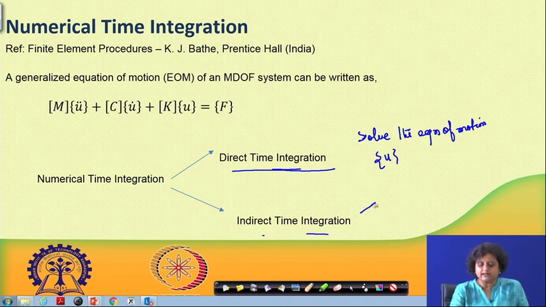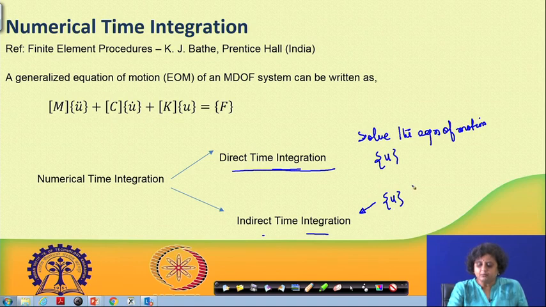The other scheme that is available is called the indirect time integration scheme. In this scheme we do not solve for u directly. Instead we solve in terms of a different set of variables, and once we solve for that set of variables, we find out the actual needed set of variables, that is u.